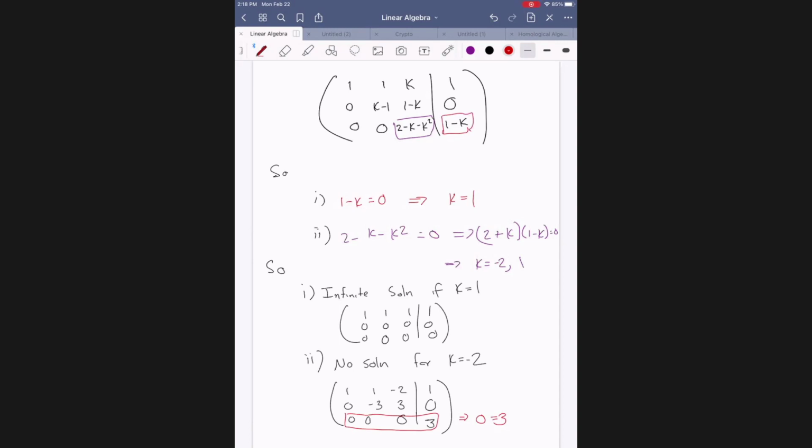If they're not 0, then you can always do a reduction where you make that purple box a 1, and then you get your solution. So that'll make it a unique solution. You'll make it a diagonal matrix, right? So: unique if k is not equal to -2 or 1. Okay.